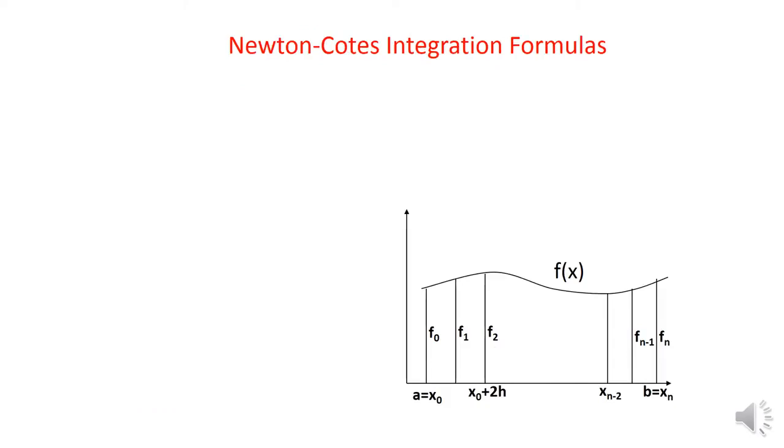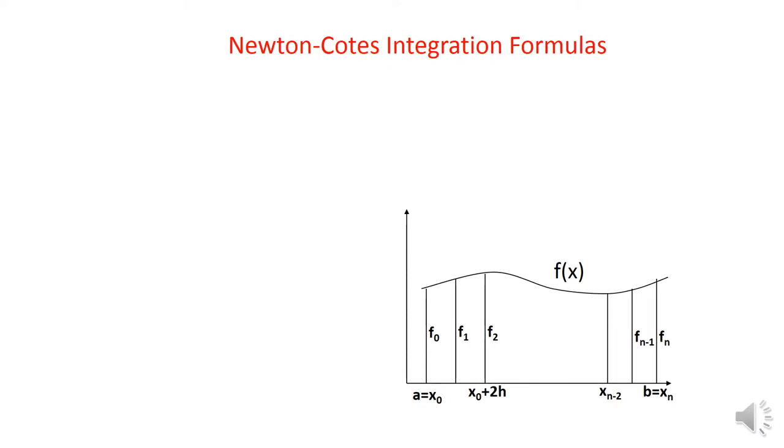So here we see the Newton-Cotes integration formula. We can see a curve here on the xy axis, and this curve is denoted by f(x). We take a point a equal to x0, and the function value at x0 is f0, the function value at x1 is f1, the function value at x2 is f2, where x2 is equal to x0 plus 2h, and last we have taken the nth point b equal to xn and the function value is fn at this.